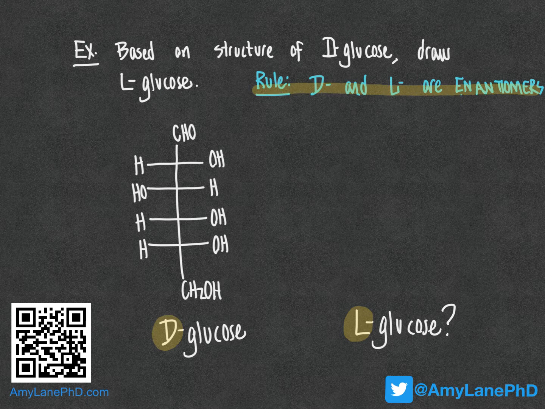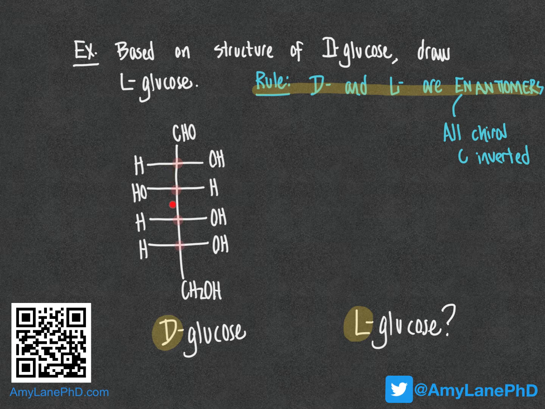When we are drawing enantiomers, remember that all the chiral centers have inverted. So what we need to do is look at the structure of D-glucose, pick out each of the chiral centers, and remember to invert them in terms of, in the Fischer projection, whether the OH group is on the left or the right.